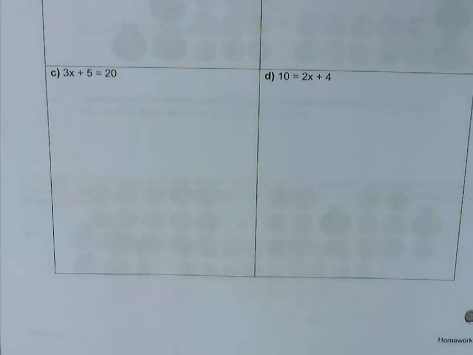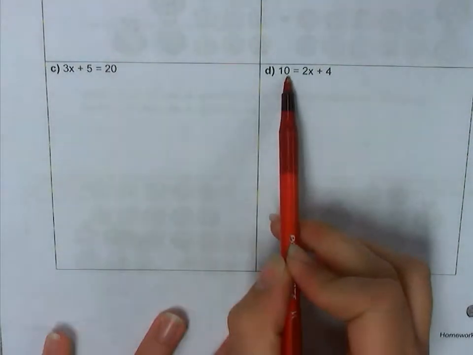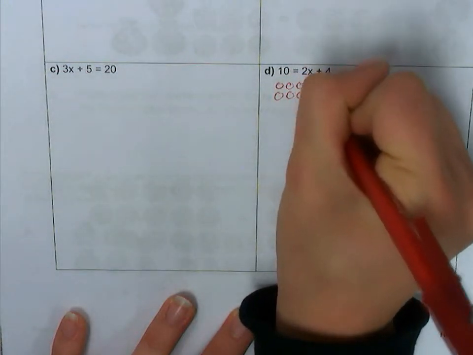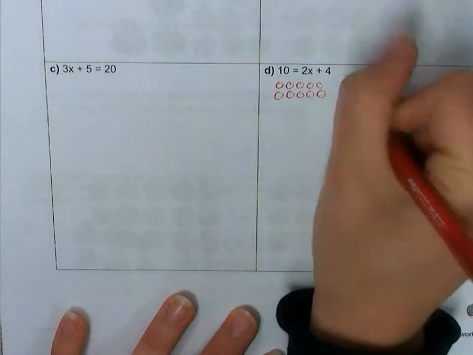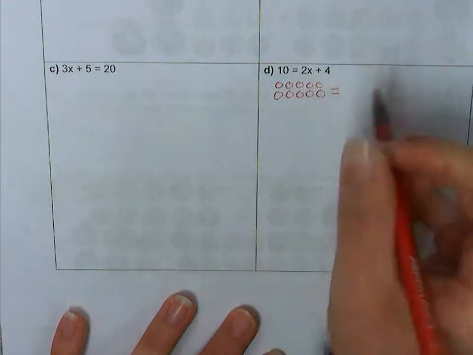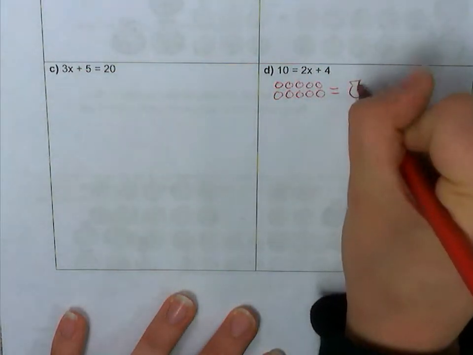Then determine how many coins are in a pouch. Finally, check your answer. So if we're looking at D, 10 is just, we know what it is, so that would be like having 10 coins. 4, 5, 6, 7, 8, 9, 10. Equals 2 X's, or 2 groups of X. Let's see if I can draw a pouch.